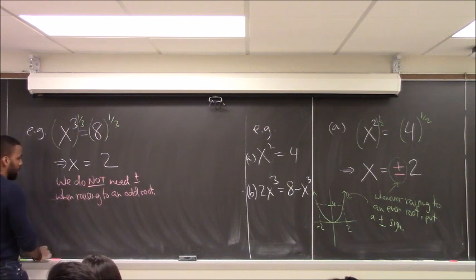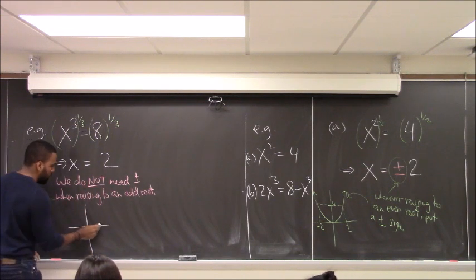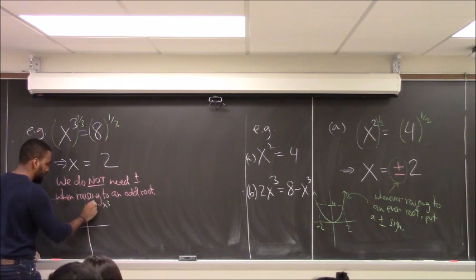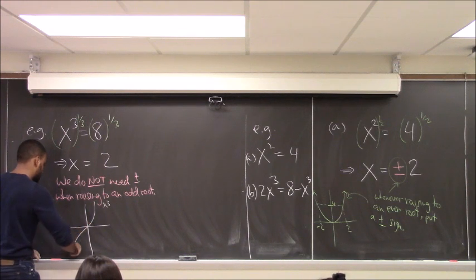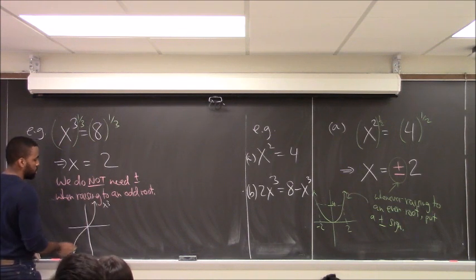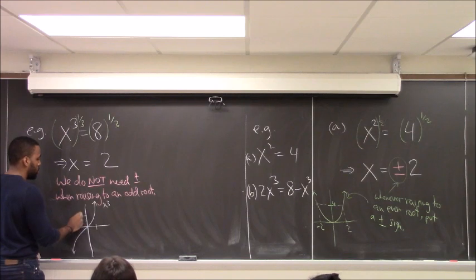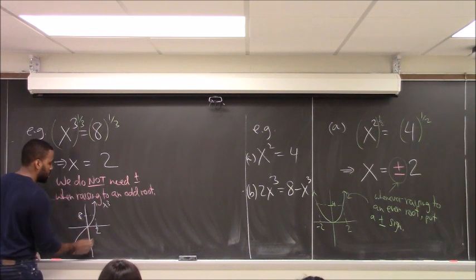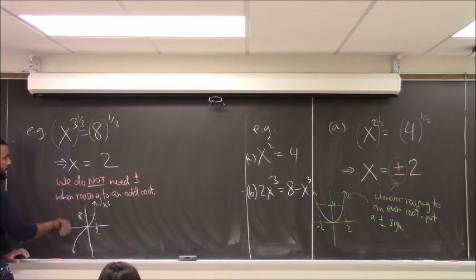And that's because of how odd roots behave. If you have x cubed, it looks like this. There's only one scenario where you get 8 as the answer, and that's going to be a 2. The other side is going to give you a negative 2, which does not solve the original equation.